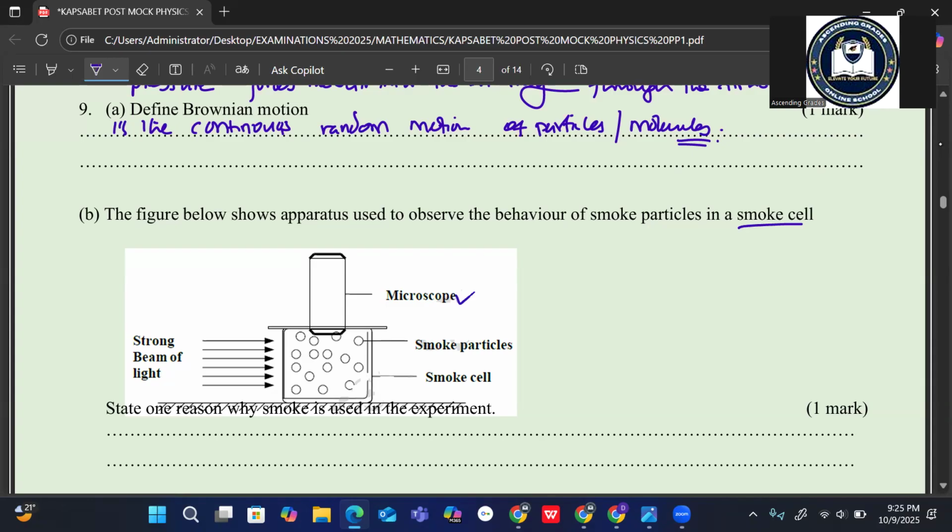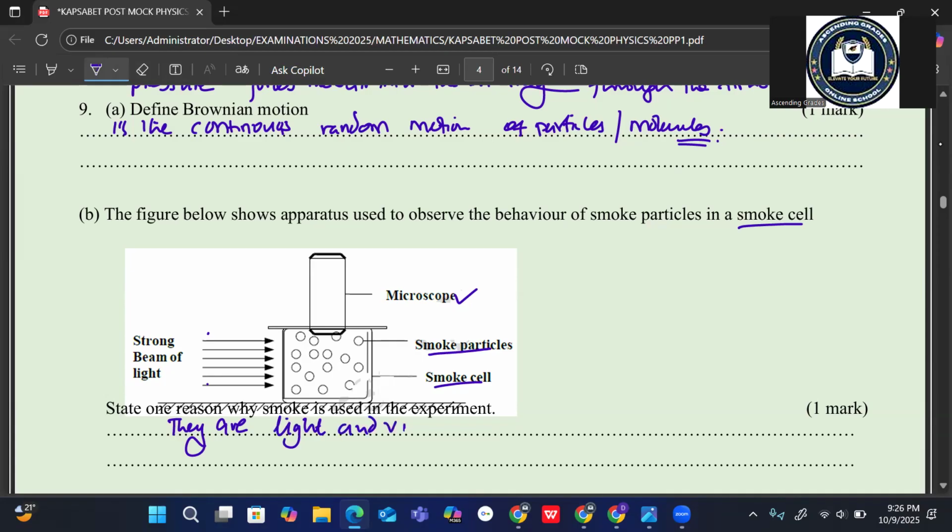We have the smoke particles, we have the smoke cell, we have the beam of light. The reason why smoke particles are used is because they are light and visible. So we can combine those two terms.